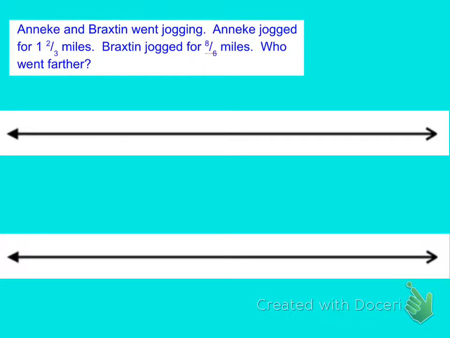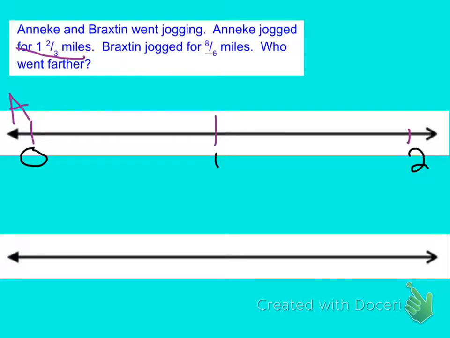So I'm going to go ahead and label this top one with an A for Annika, and I'm just going to work on her number line first. She went for 1 2/3 miles. Okay. And again, this number line is going to go up to 2. So we have 0, 1, and 2. And I'm pretty sure your math journal already does that for you.